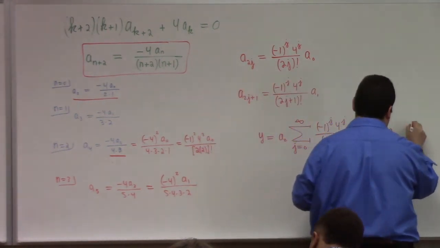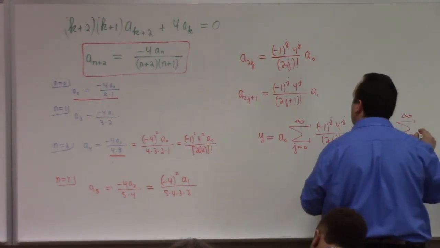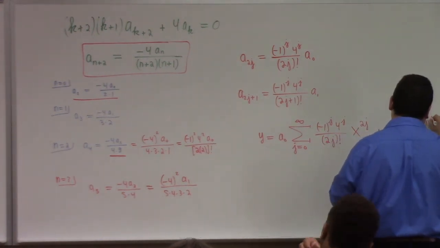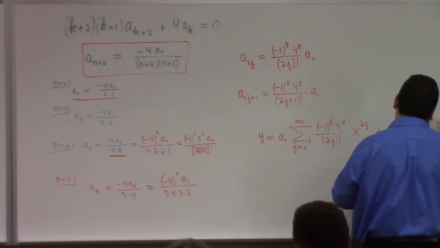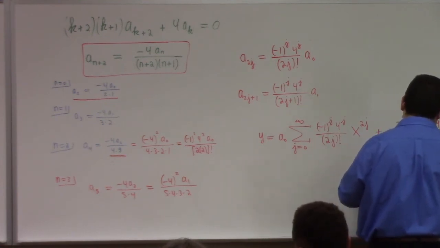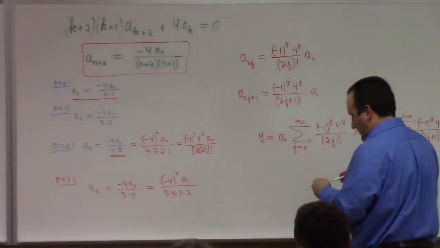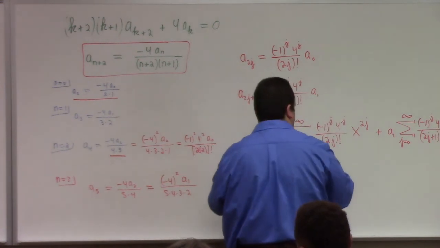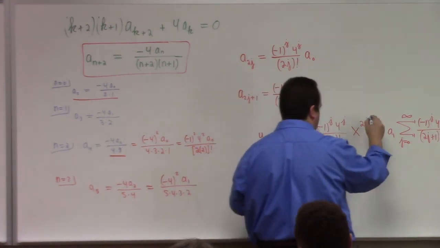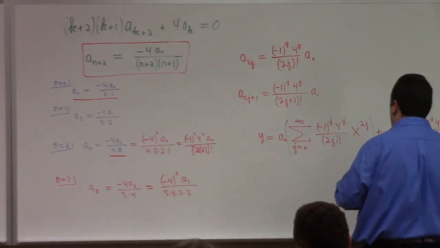Plus a sub 1 times the sum, j equals 0 to infinity, minus 1 to the j, 4 to the j, over 2j plus 1 factorial, times x to the 2j plus 1. And that would be the complete power series solution to this differential equation.